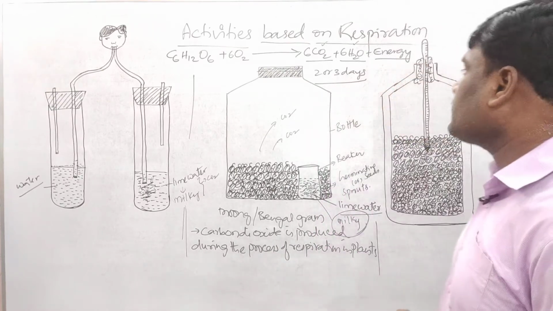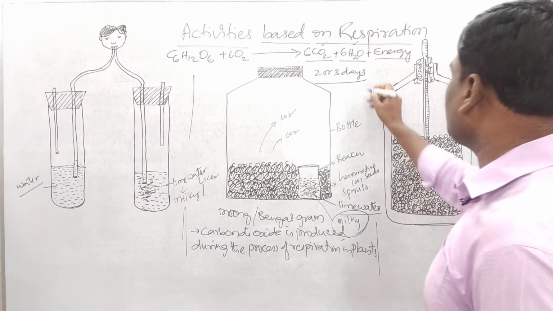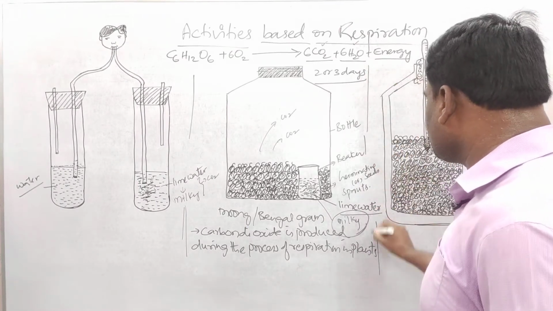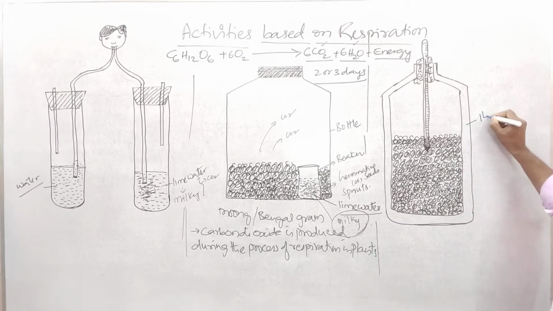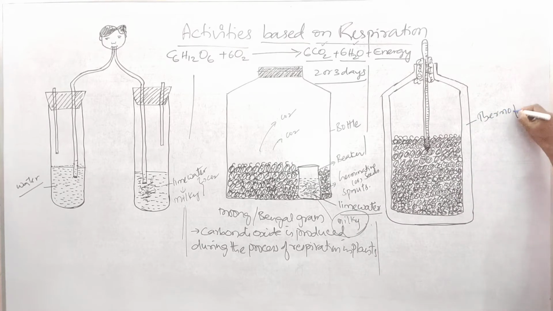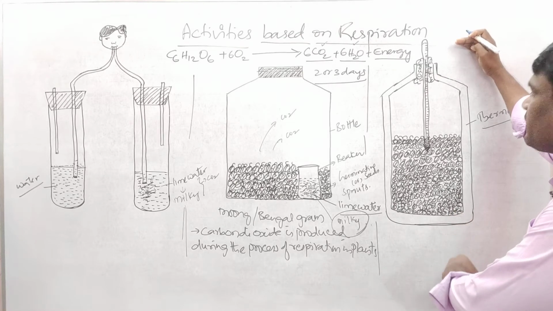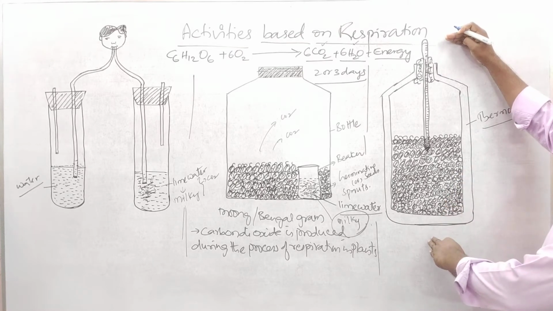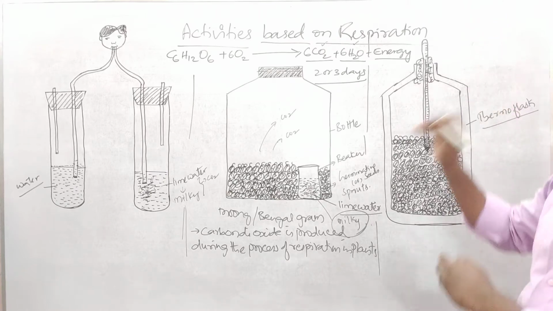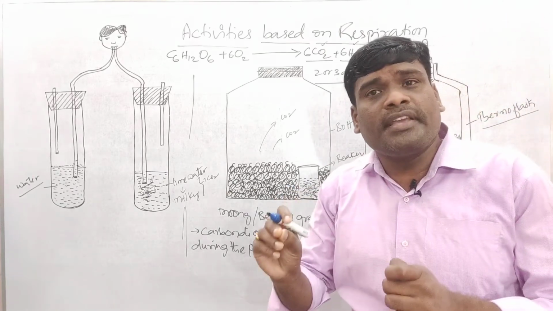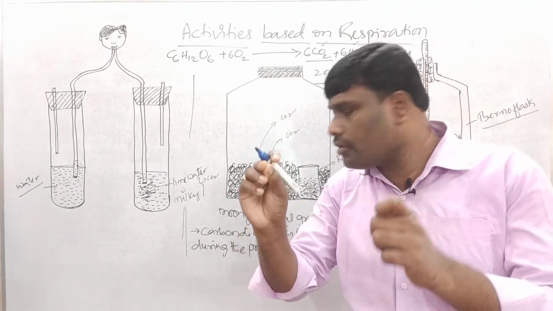Okay, and next, let us come to another activity, children. See this one. This is a thermoflask. What are we going to do with this activity? We are going to prove whether heat is liberated during the process of respiration or not.